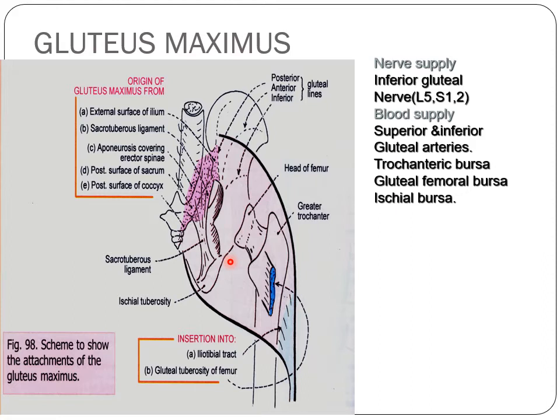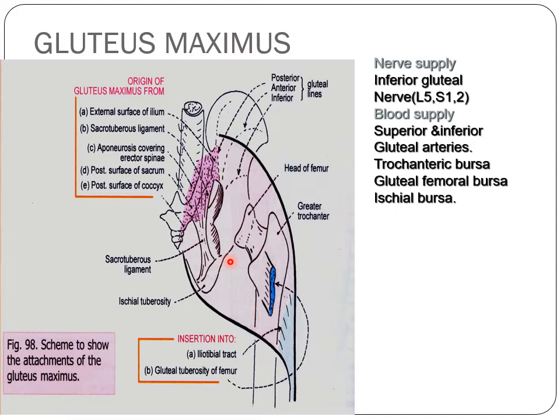So gluteus maximus arises from the strip of bone and ligament between the posterior superior iliac spine and the tip of the coccyx. Three quarters of the muscle is inserted into the iliotibial tract, and the remaining part is inserted into the gluteal tuberosity.